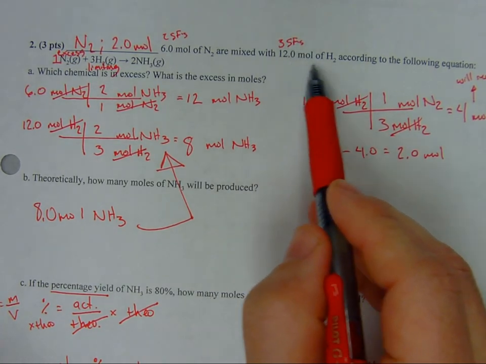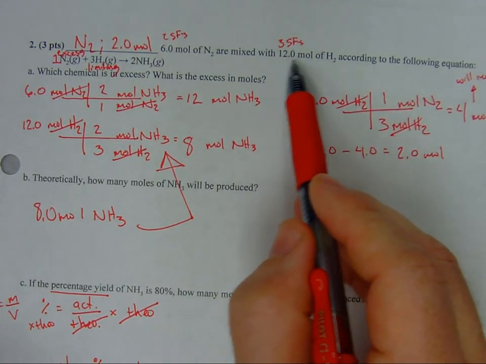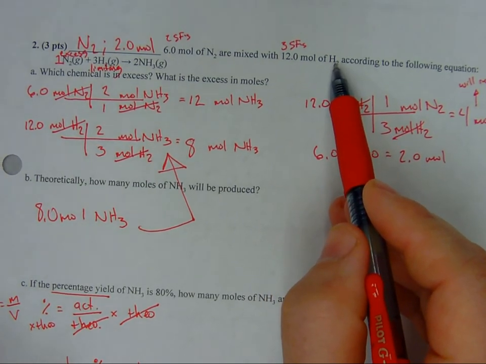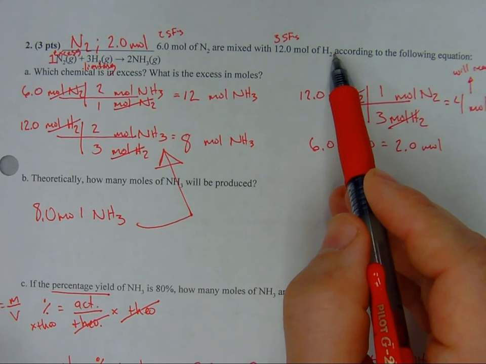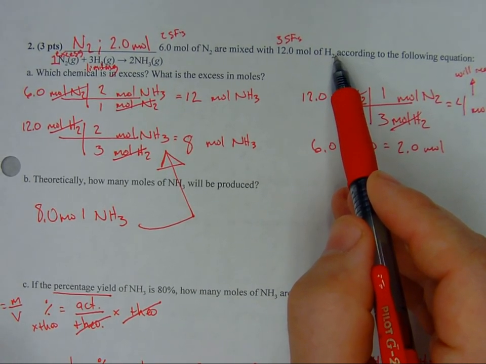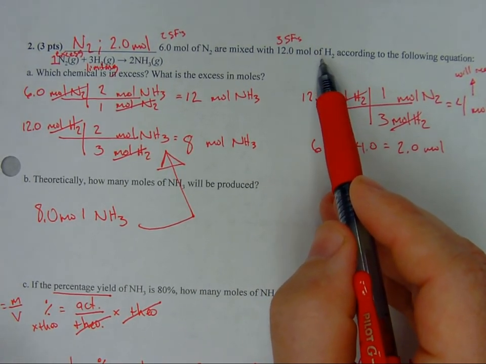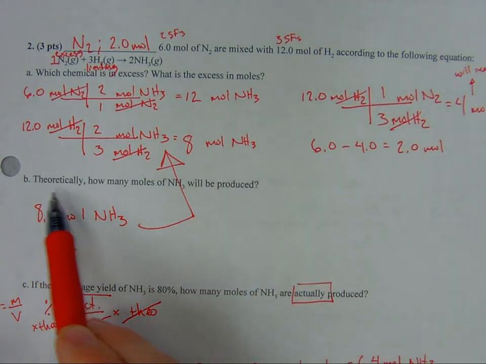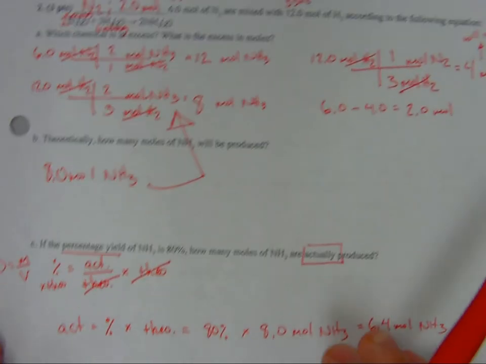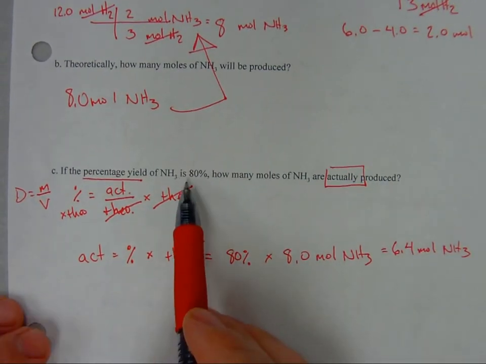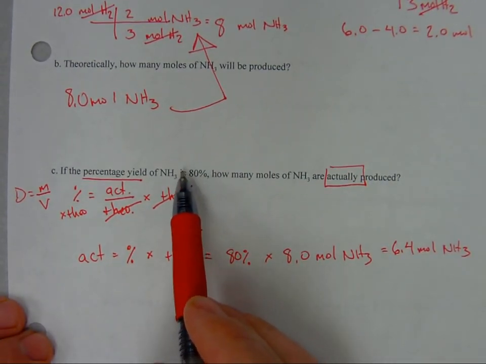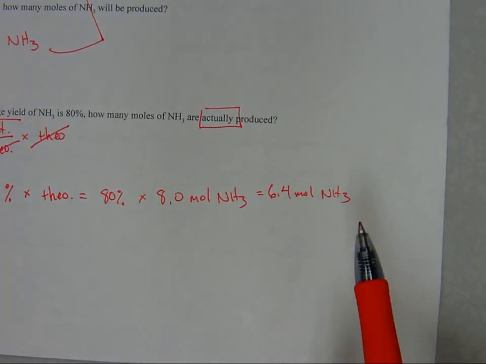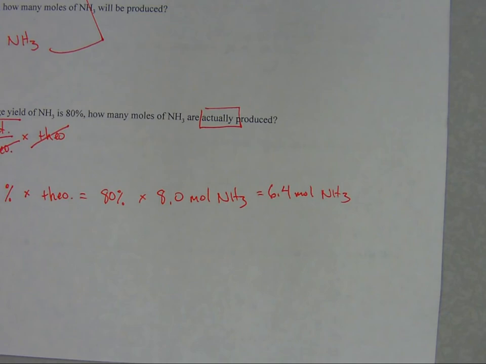So based on the limiting reactant, 12 moles of H2, I can theoretically, under ideal conditions, there's that term from section 2, ideal stoichiometry, produce 8 moles of NH3. Theoretically, I could produce 8 moles of NH3. Do I? No, I actually produce about 80% of that, which is 6.4 moles. Again, actual versus theoretical.